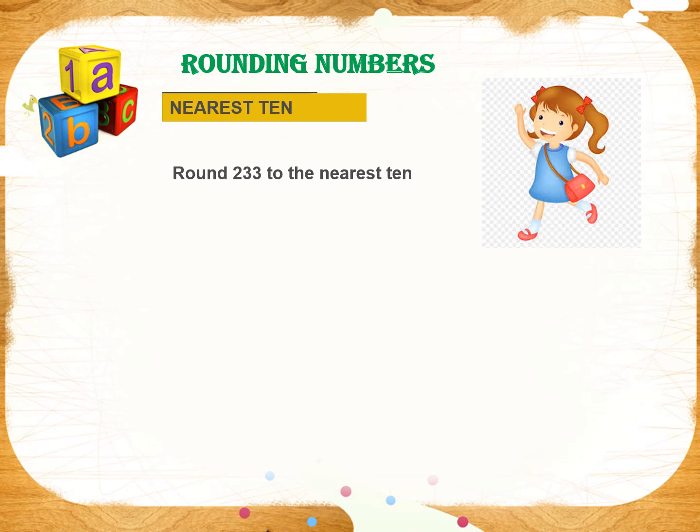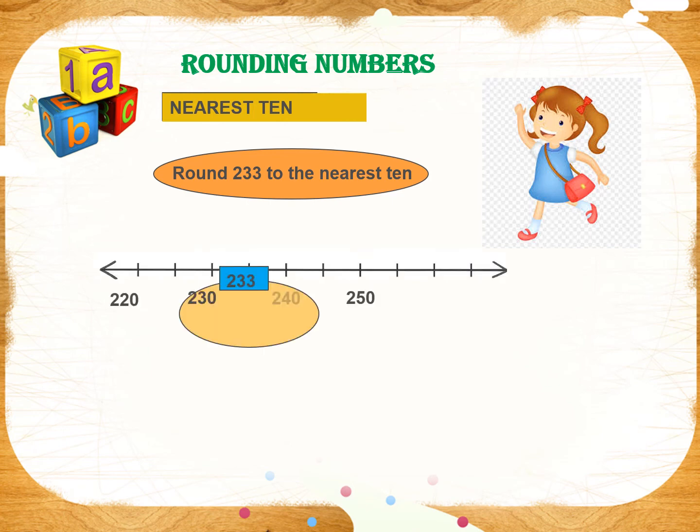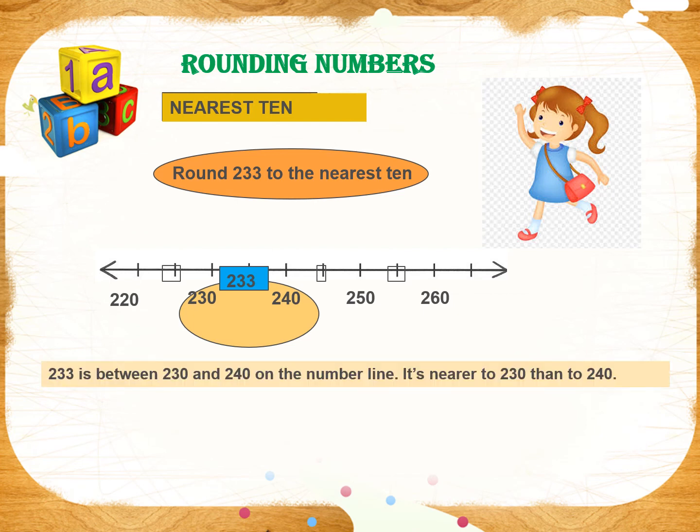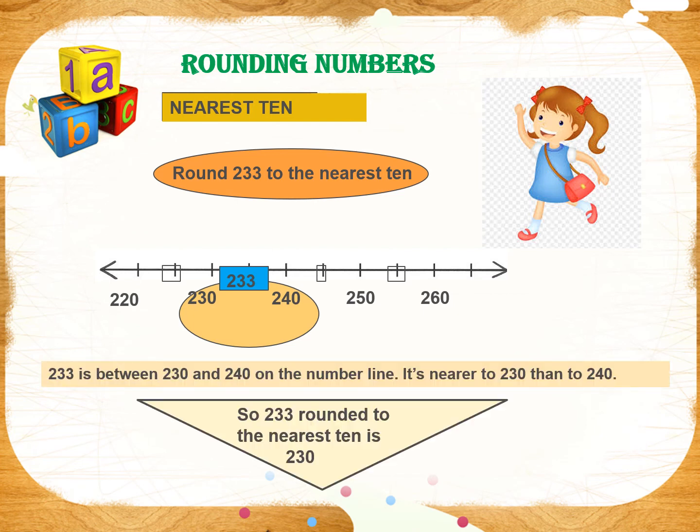Let us first draw a number line marking tens to show where 233 lies on the number line. 233 is between 230 and 240 on the number line. It is nearer to 230 than to 240. So 233 rounded to the nearest 10 is 230.